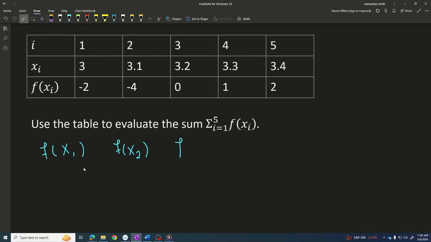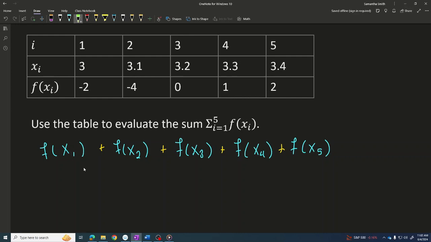Then I am replacing i with 3 down in that subscript. Then I am replacing i with 4 down in that subscript. Then I am replacing i with 5 down in that subscript. And so adding these values together from 1 to 5, this sum would be what I'm asked to calculate by way of this summation notation.